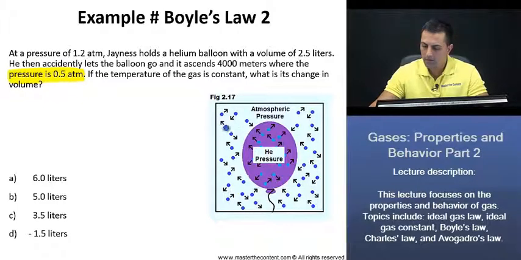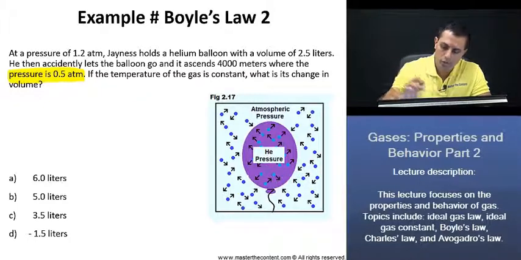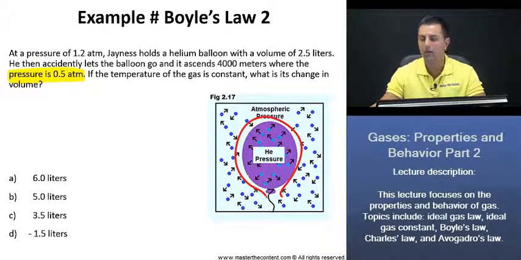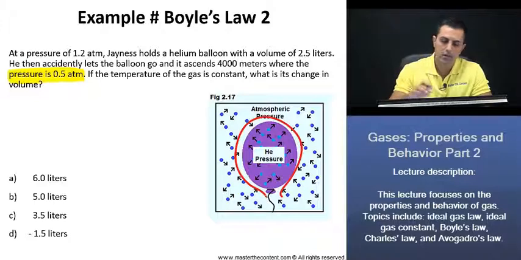Then that means that the air pressure here is not pushing back as much on the balloon as it did at lower altitudes. Thus, due to the fact that there's lower pressure on the balloon, we know that the balloon is going to expand and the change in volume should be positive. Let's take a look now, and we'll use Boyle's law to find out if our assumption here is correct.